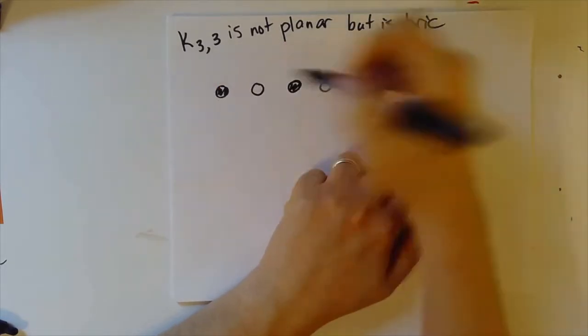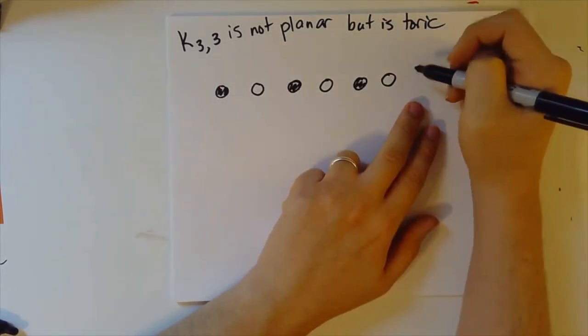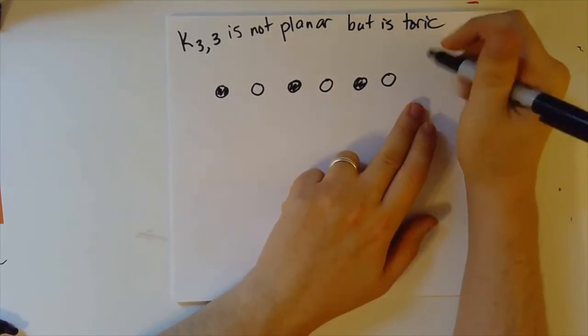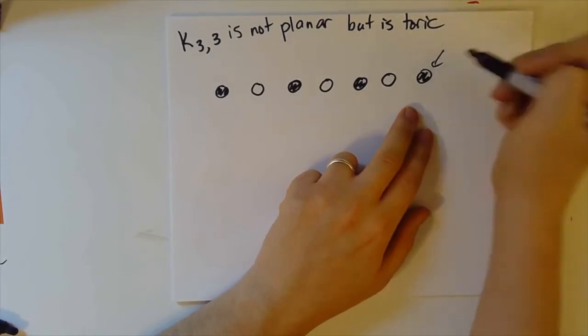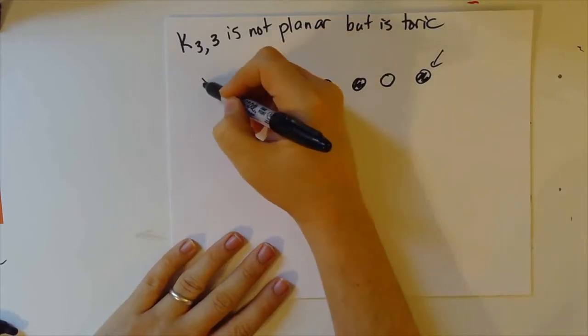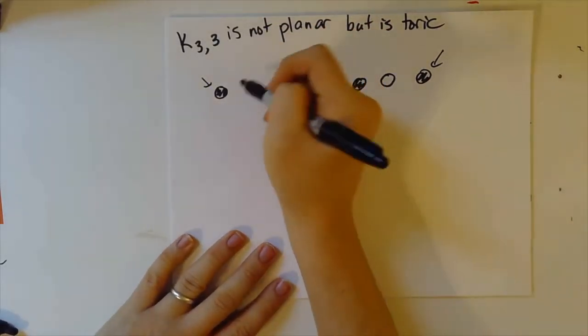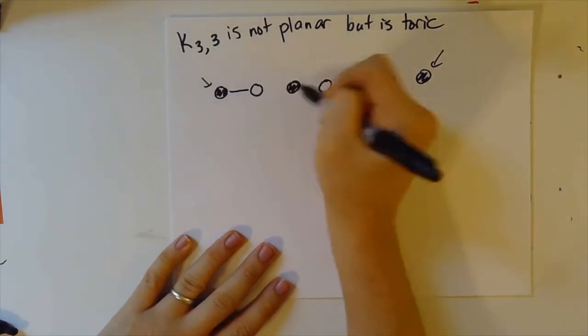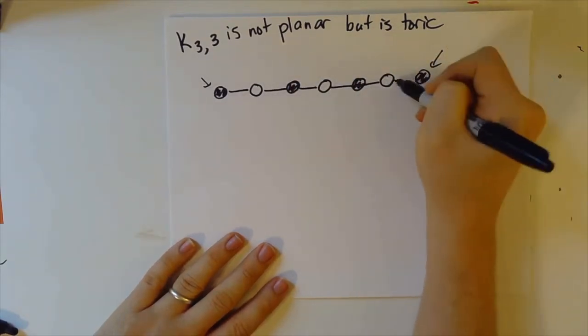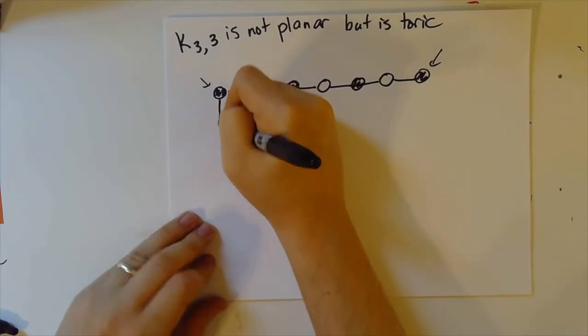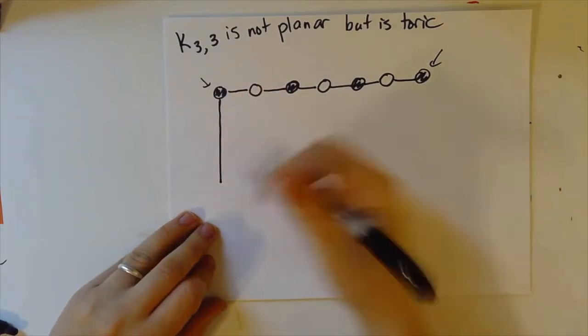Okay, and I've got my 3 black dots and my 3 white dots, but I'm going to go ahead and put this black dot over here again. So this black dot and this black dot are the same thing. And this is going to be the top of my rectangle, which means it's also the bottom of the rectangle.